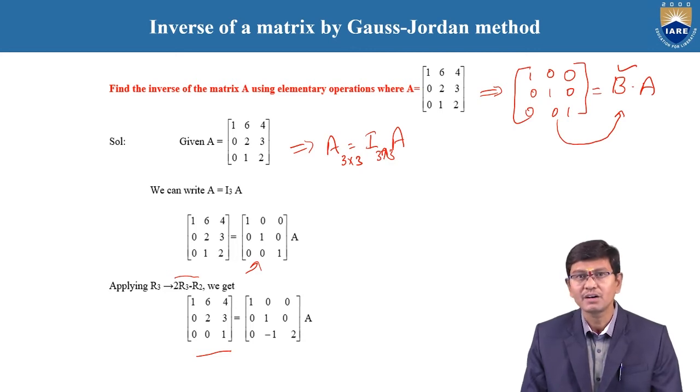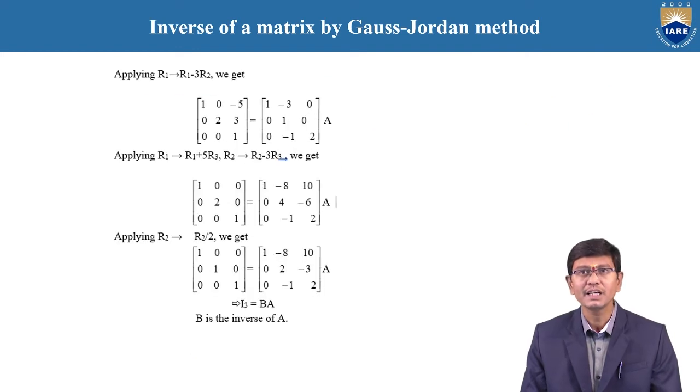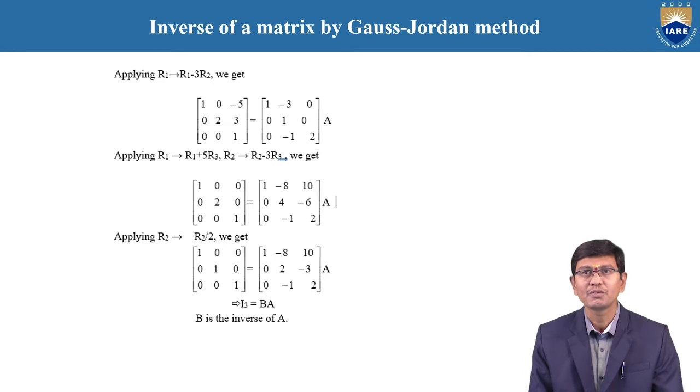We modified only R3, equal to 2R3 minus R2. That means we are not disturbing R1 and R2. Once again, on the previous matrices, we apply R1 minus 3 R2. We are not disturbing R2 and R3. With R1 minus 3 R2, the matrix is reduced to [1, 0, -5; 0, 2, 3; 0, 0, 1]. The second row is the same, we are not changing anything.